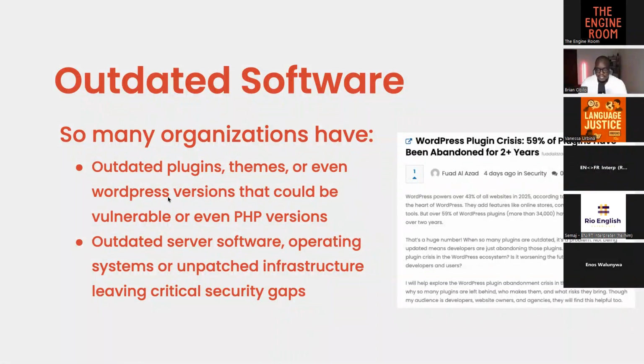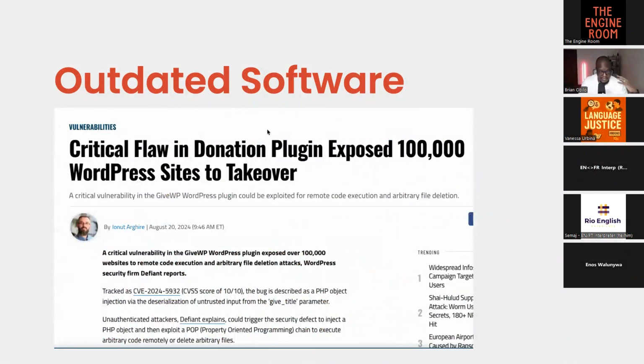We've also seen, last year, there is a plugin called GiveWP that essentially most civil society organizations use to receive donations. And what happened last year was that a critical vulnerability was discovered in this particular plugin.